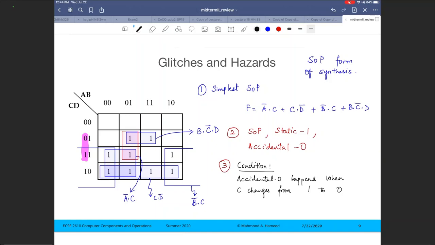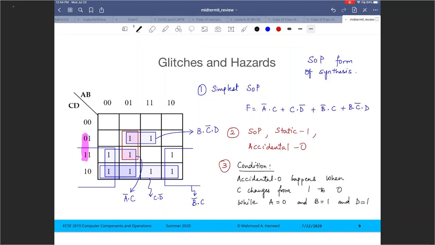For SOP hazards, that change has to be from 1 to 0. For POS hazards, the change has to be from 0 to 1 for an accidental 1 to happen. So accidental 0 happens when C changes from 1 to 0, while A equals 0 and B equals 1 and D equals 1.